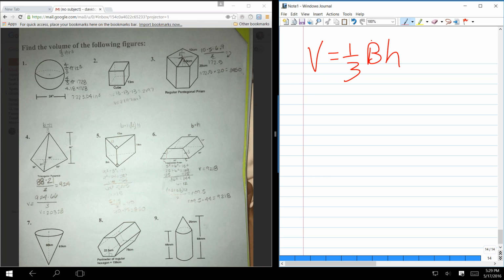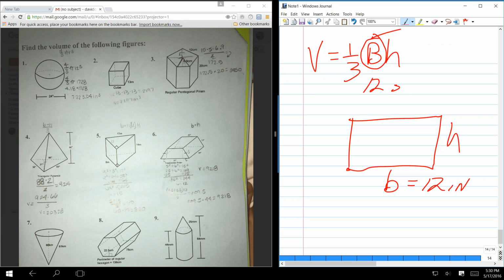But always remember the difference between capital B and little b. When I draw a rectangle and ask what the area is, it's little b times h. But a capital B is an area. This little b here is like 12 inches, while this big B is like 12 square inches.